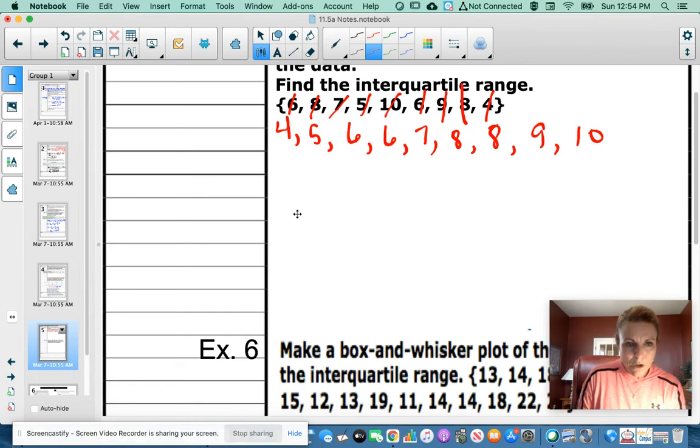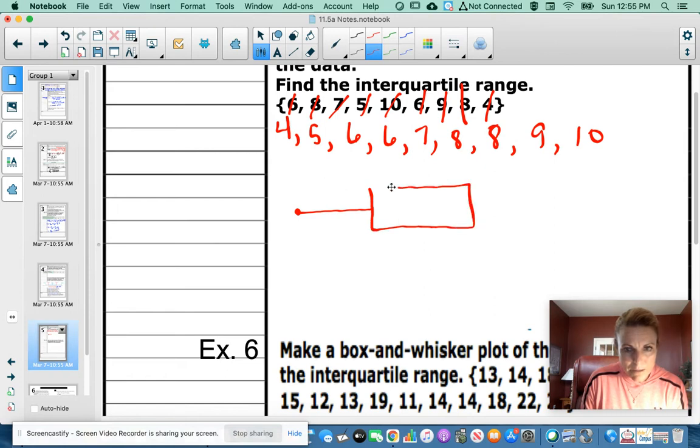All right, let's scroll down a little bit here. And we're going to draw our box and whisker plot similar to what we had. So we have a minimum, and then we drew a line, and then we had our box. Median is in the middle.